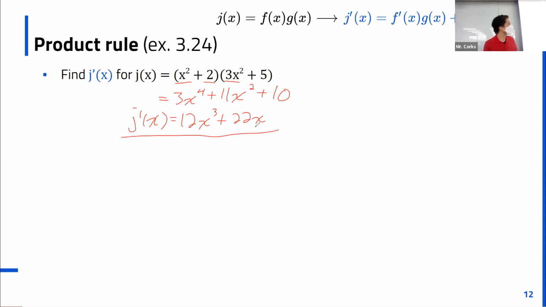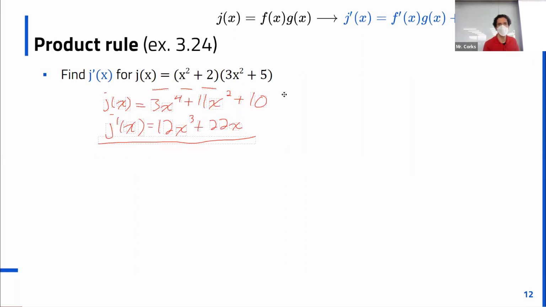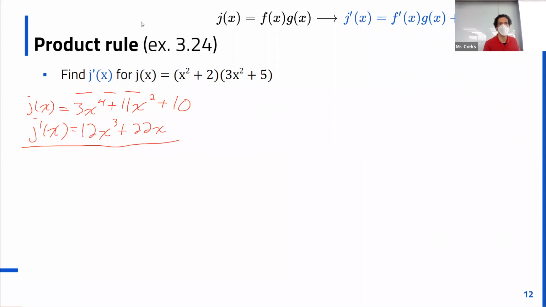Okay, so this is one way of solving this, but there's another way using this product rule. So I'll show you that. Instead of expanding it, we can solve these directly.